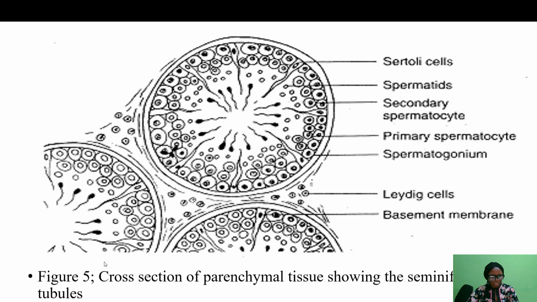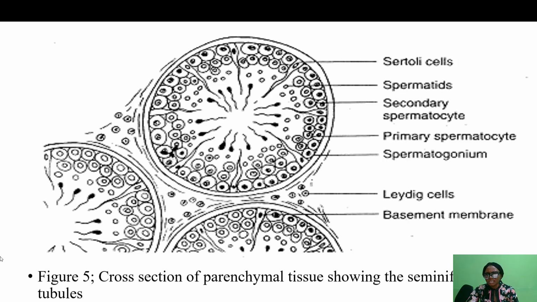Now, this image is a cross section of the parenchymal cell of the seminiferous tubule. That is, literally, if the convoluted tube of the seminiferous tubule is dissected at the middle, the top shape is what we are seeing here. Inside the seminiferous tubule, we have certain parts and cells which make spermatogenesis possible.